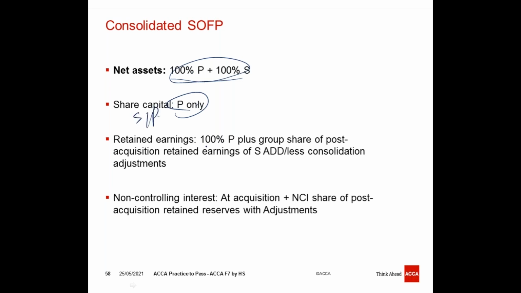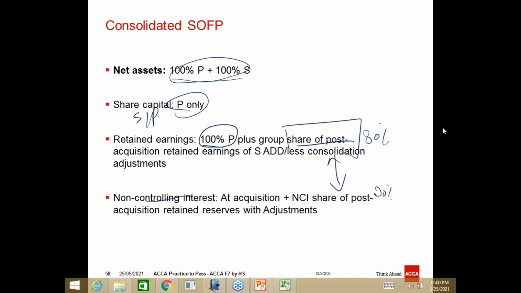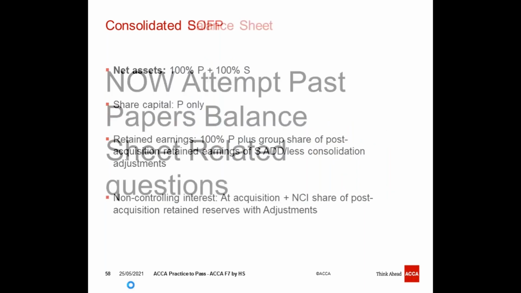In the retained earnings, you need to take 100% of the parent share, but for the subsidiary, you need to take the share of the post-acquisition profit, because part of the profit will be distributed to NCI. Like if 80% goes to the group, then 20% will be distributed to NCI.